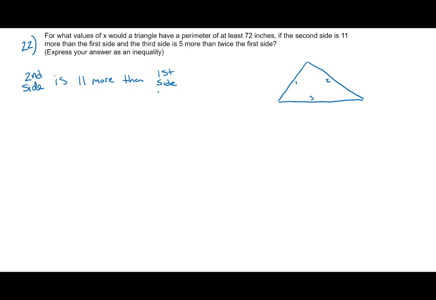And we're also told, call that statement number 1, and statement number 2 is that the third side is 5 more than twice the first side.